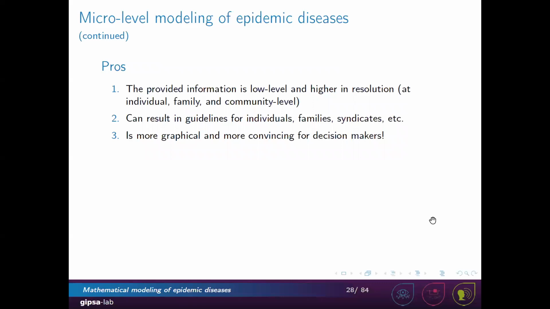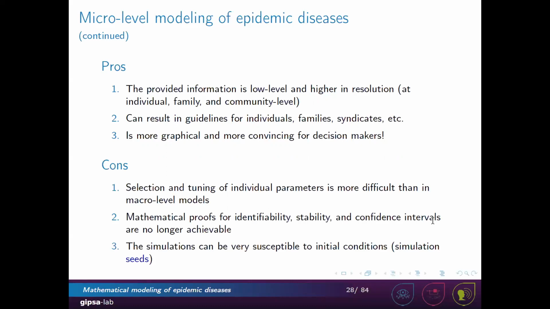So we can get more guidelines for individuals, families, syndicates, and groups of people who are interacting in the society. Another good point is that it's graphical, so it might be more convincing for decision makers as compared to just working with differential equations. But at the same time, it has some limitations.